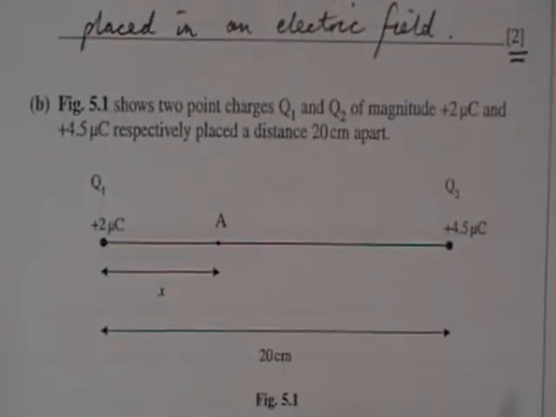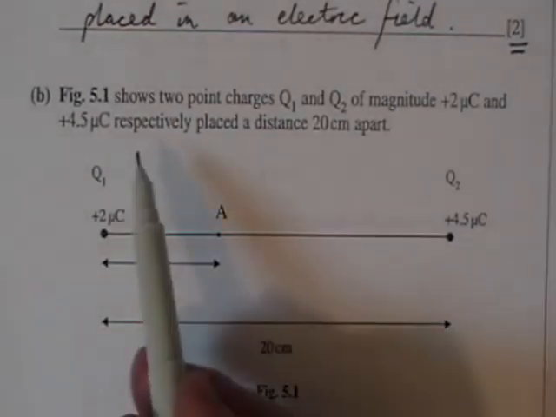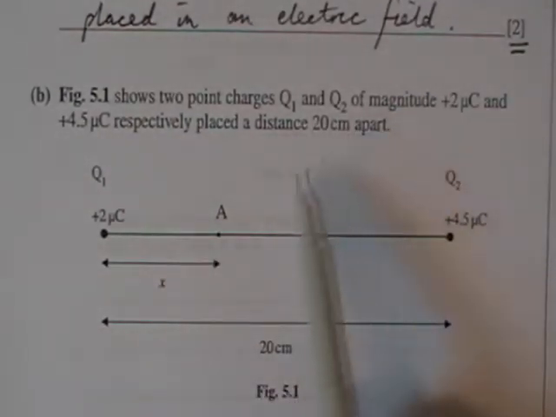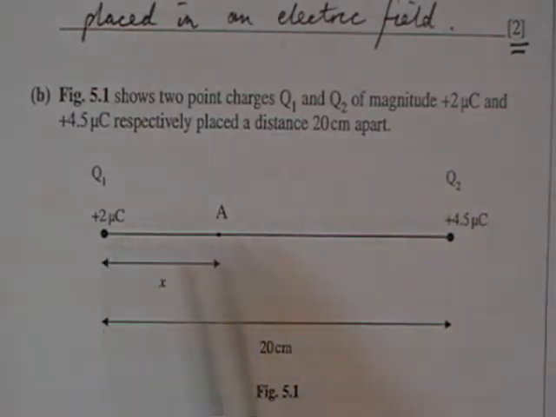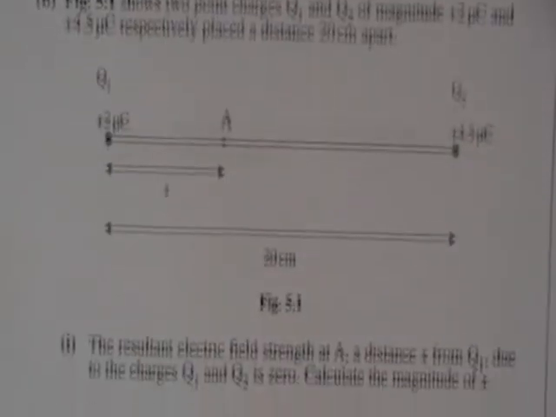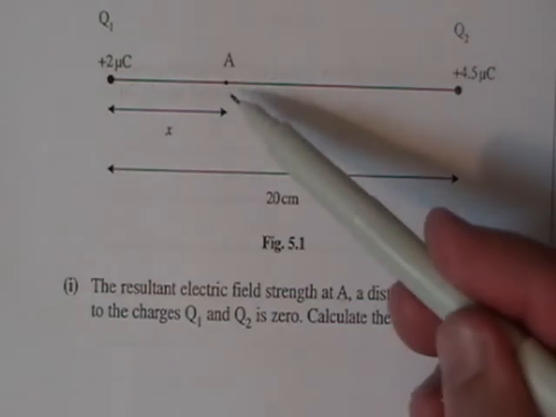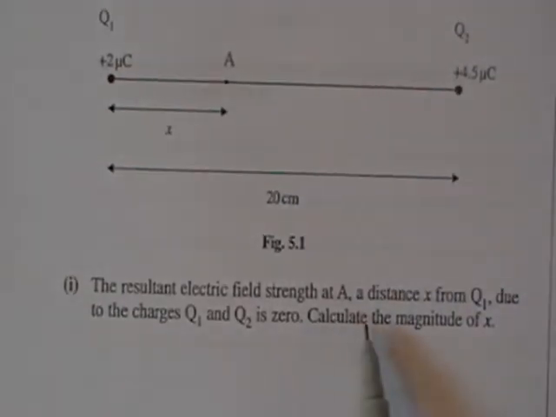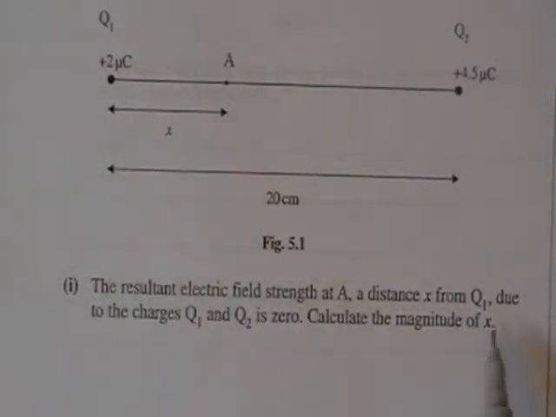Right, calculation is the next part of this question. Figure 5.1 shows 2 point charges Q1 and Q2 of magnitude plus 2 microcoulombs and plus 4.5 microcoulombs, placed 20 centimeters apart. We are told that the resultant electric field strength at point A, a distance x from Q1, due to the charges Q1 and Q2, is 0.